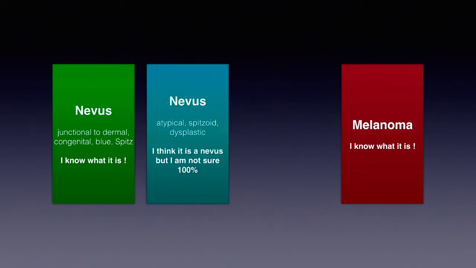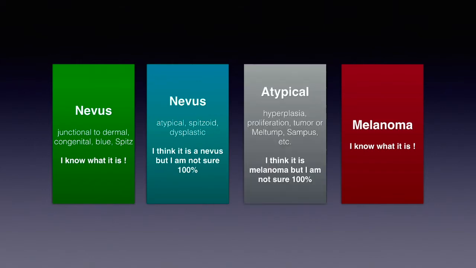But in between, there are two other types of reports. When the pathologist is speaking about nevus, but with an additional word like atypical, spitzoid, dysplastic, the pathologist is just telling us, I think it's a nevus, but I'm not sure 100%.